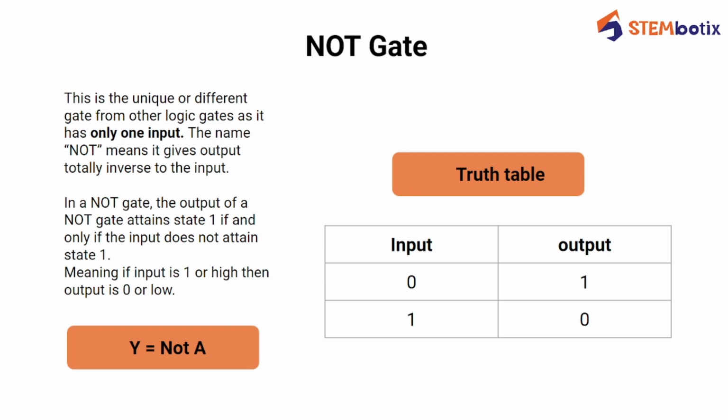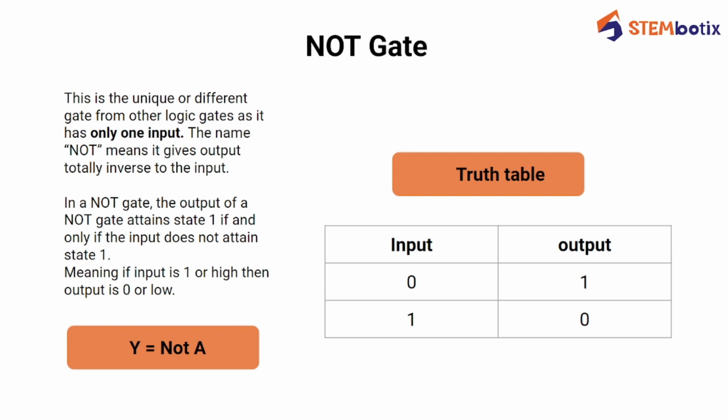In a NOT gate, the output attains state 1 if and only if the input does not attain state 1. So whenever there is input as non-zero, output will be 0, and if your input is 0, then your output will be non-zero. Meaning if input is 1 or high, then output is 0 or low.